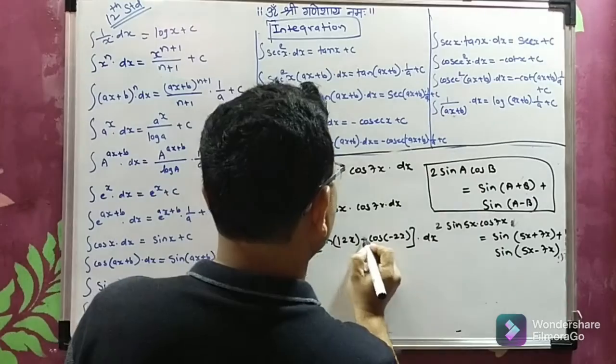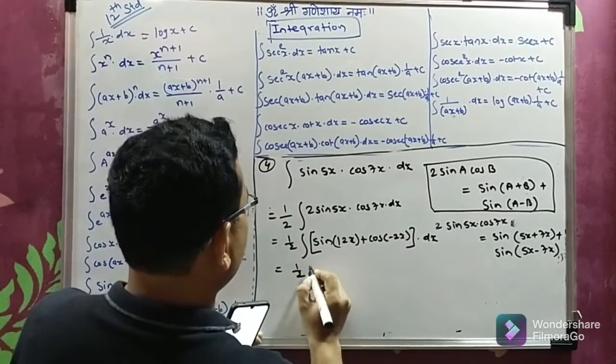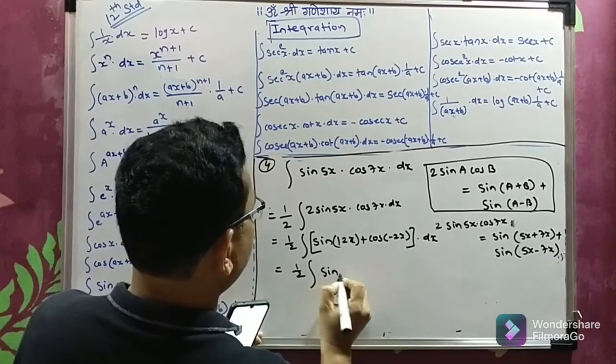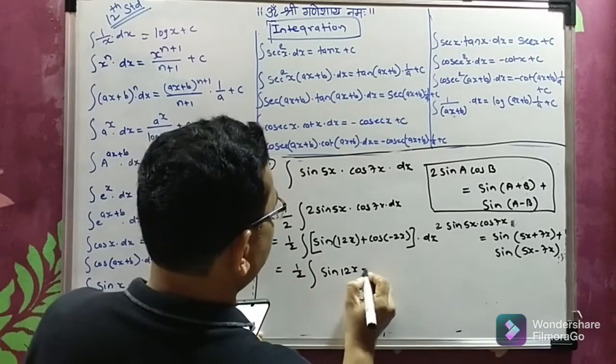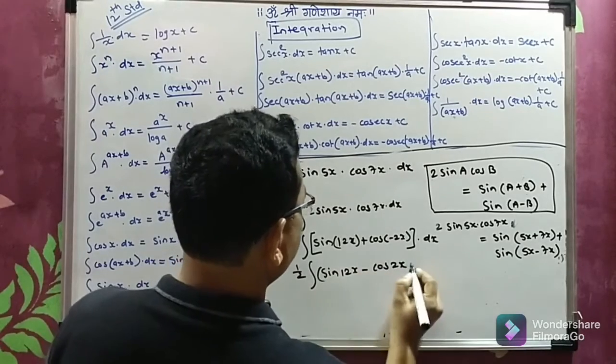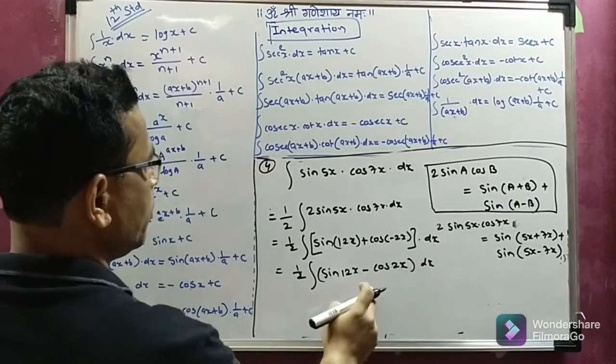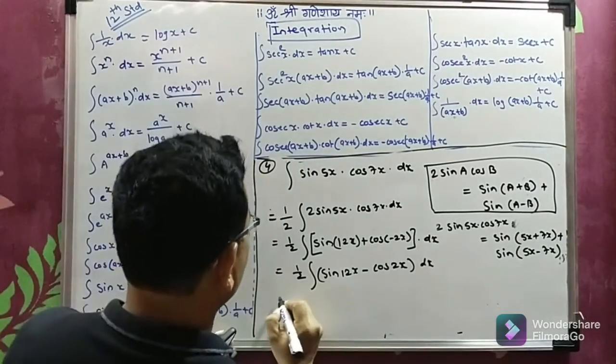This is the plus sign over here. So here you can write sin 12x minus sin 2x dx, because sin minus 2x is nothing but minus sin 2x.